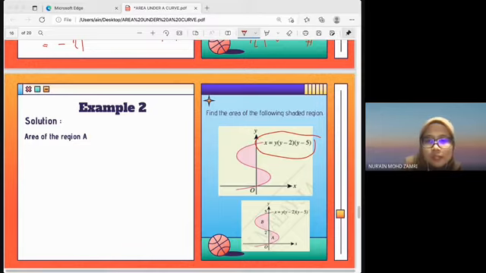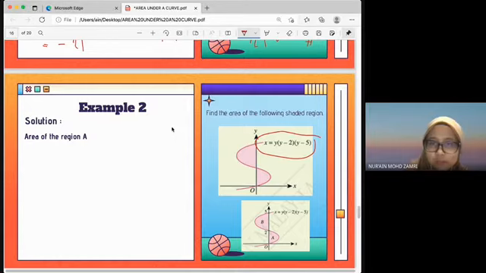So as you can see in the diagram, you will feel curious about where they intersect with the y-axis, right? Because there is no value of y-intercept. So in order to find the intersections, we will let x equal to 0.